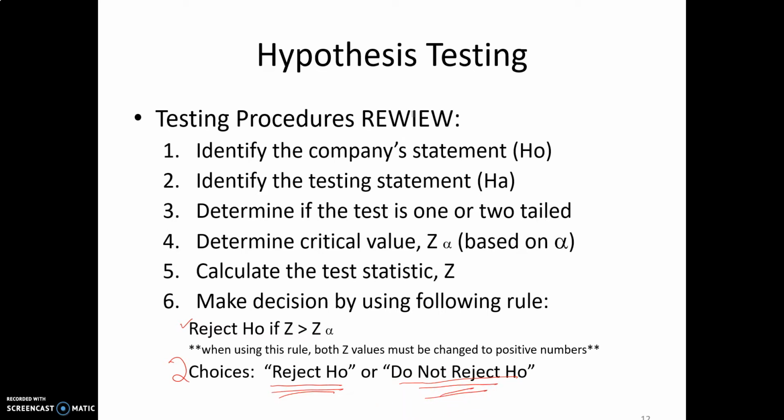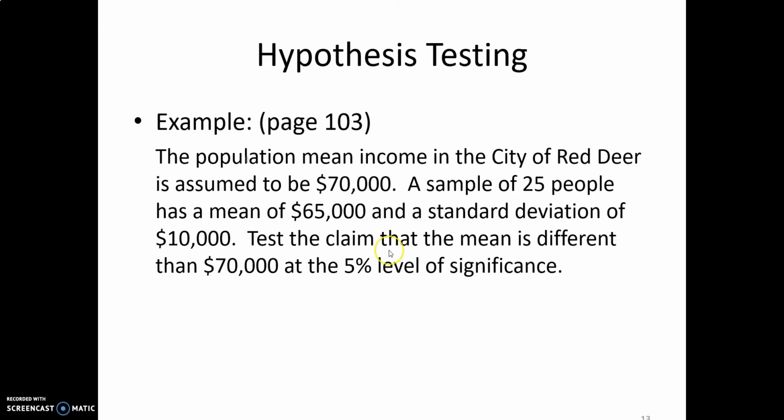No other statements are valid. We will never say to reject the alternate hypothesis, or to accept the alternate hypothesis, or even to accept the null hypothesis. These are the only two statements you can make in hypothesis testing: reject or do not reject. Let's go on to some other examples.